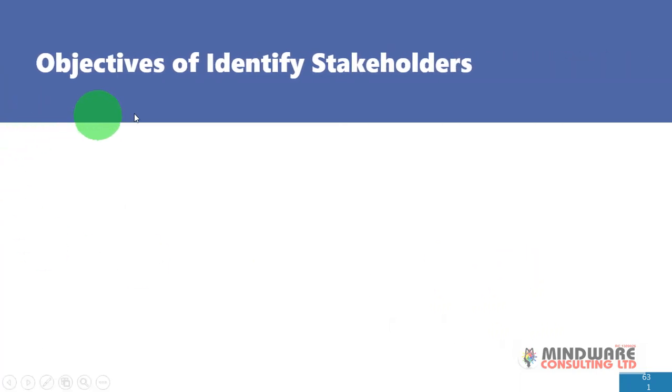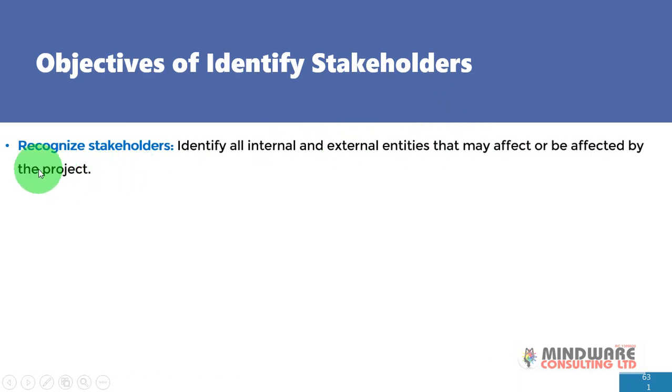Now, what are the objectives of this process? The first objective is to recognize the stakeholders: identify all internal and external entities that may affect or be affected by the project. This is a critical thing to note. The stakeholders could be internal, within the project, meaning the project team.